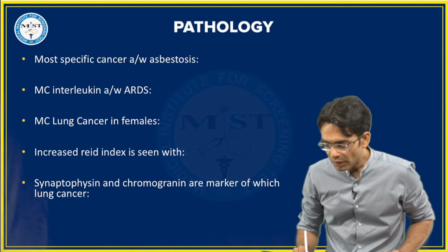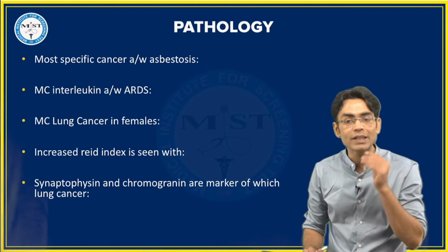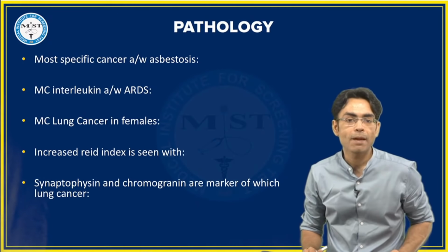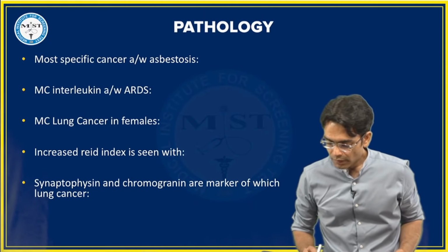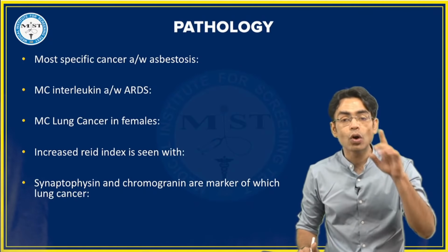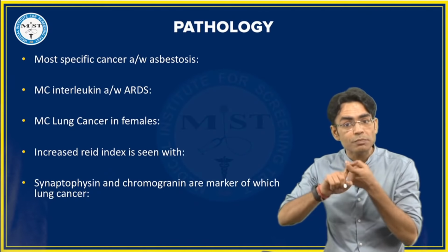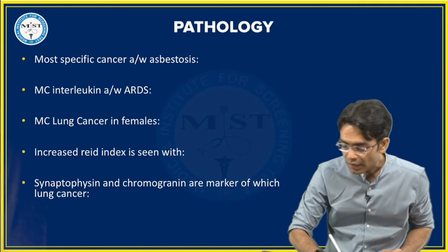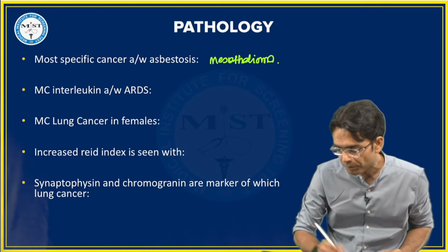Don't worry, the PDF will definitely be shared. The most specific cancer associated with asbestosis. Yes, you are right. Look, most common cancer, that is your lung cancer, bronchoalveolar. But if they are asking about most specific cancer with asbestosis, yes, you are giving me the right answer, mesothelioma.